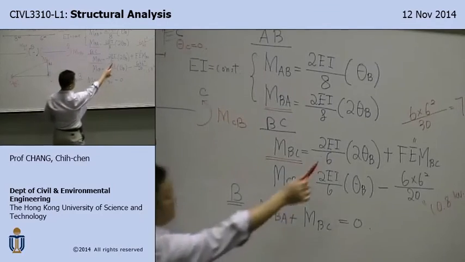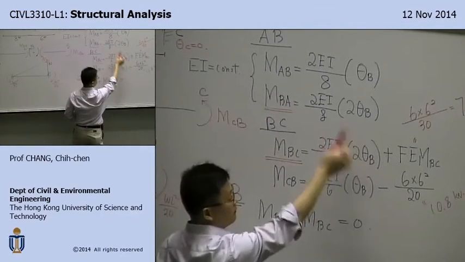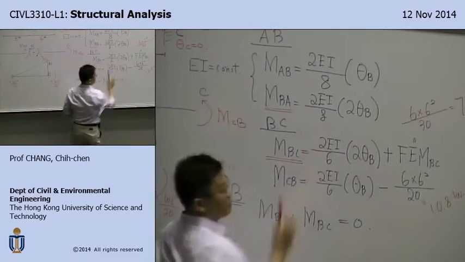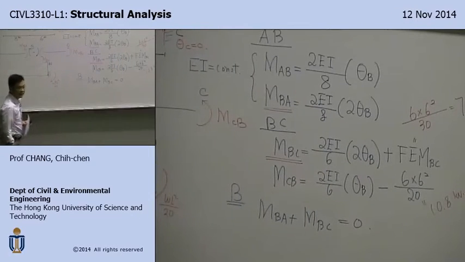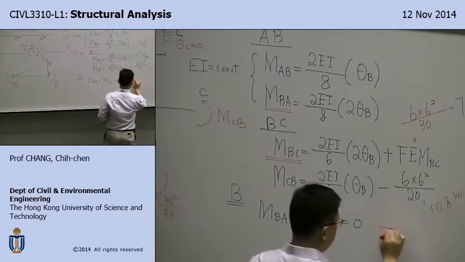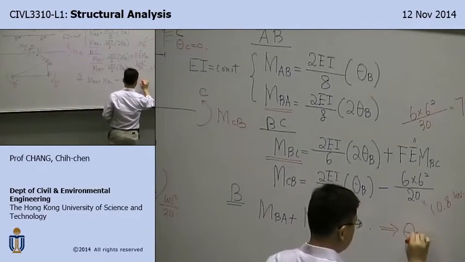You can see that the only unknown from this summation is theta B. So I get theta B out of these equations.